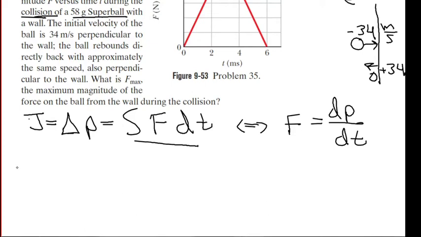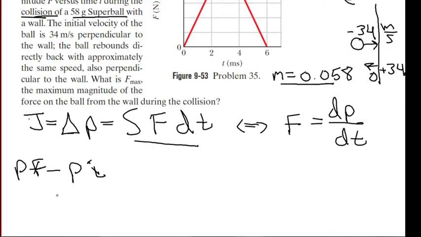So final momentum minus initial momentum, and I'm going to write this in terms of Newton seconds. So the mass of that ball I'm just going to say is 0.058. And so the final momentum, we know again, momentum is mass times velocity. So the final momentum, if we multiply those two together, should be 1.972 Newton seconds.